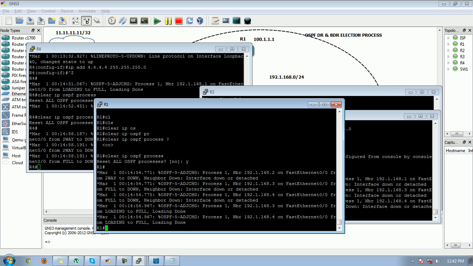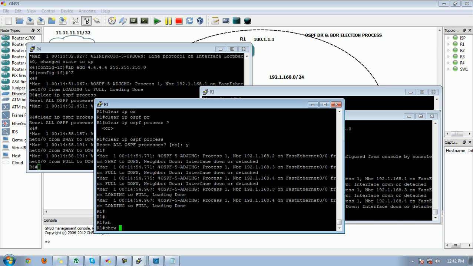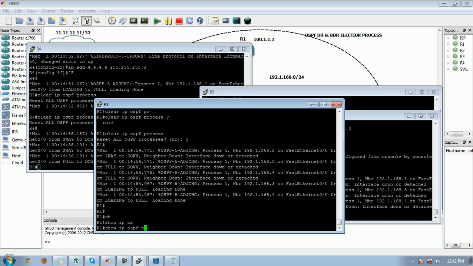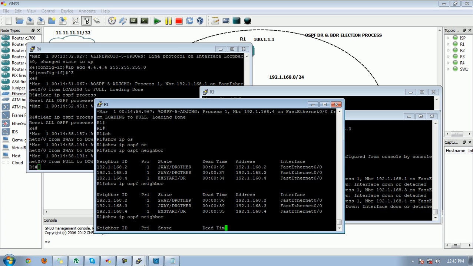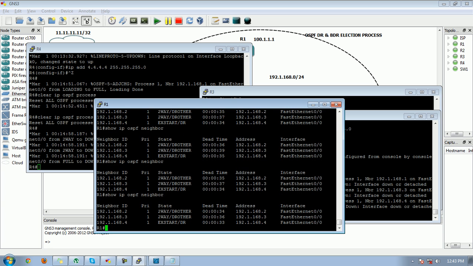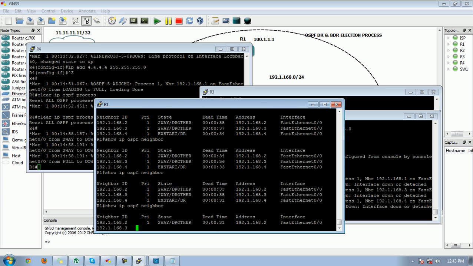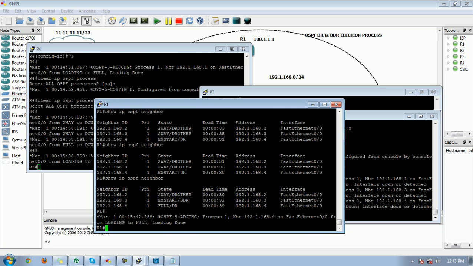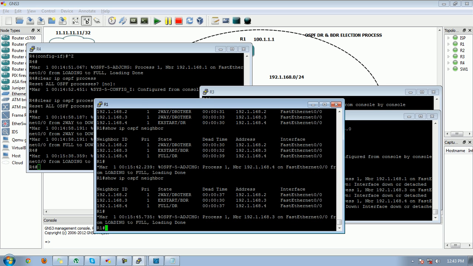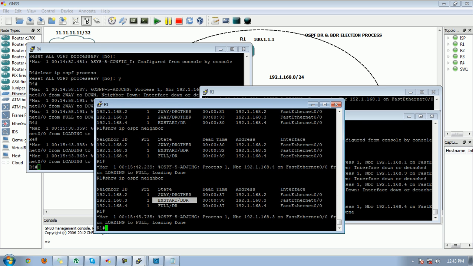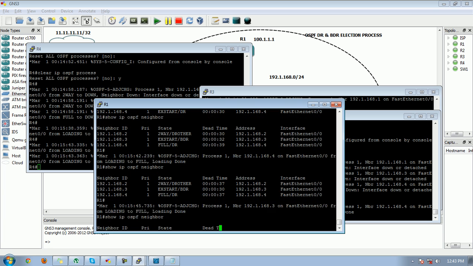Now I'll check. Show IP OSPF neighbor. See, who's my DR? Again, he's my DR. Dot 4. Let's check. Who's my BDR? See? It's coming up one by one.